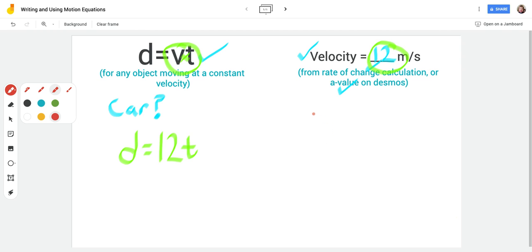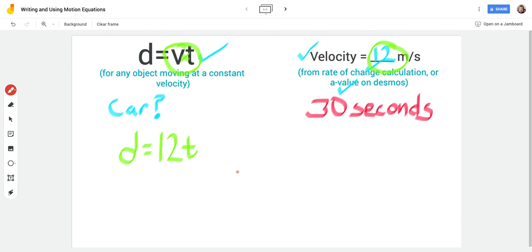Now to use that equation, this is what we do. Let's say, for example, that the car is driving for 30 seconds. To find out how far it goes, we just have a simple multiplication problem, and I'll show you how I will set up that problem using this equation. Distance is equal to the velocity, and now I'm going to put the unit in, 12 meters per second.